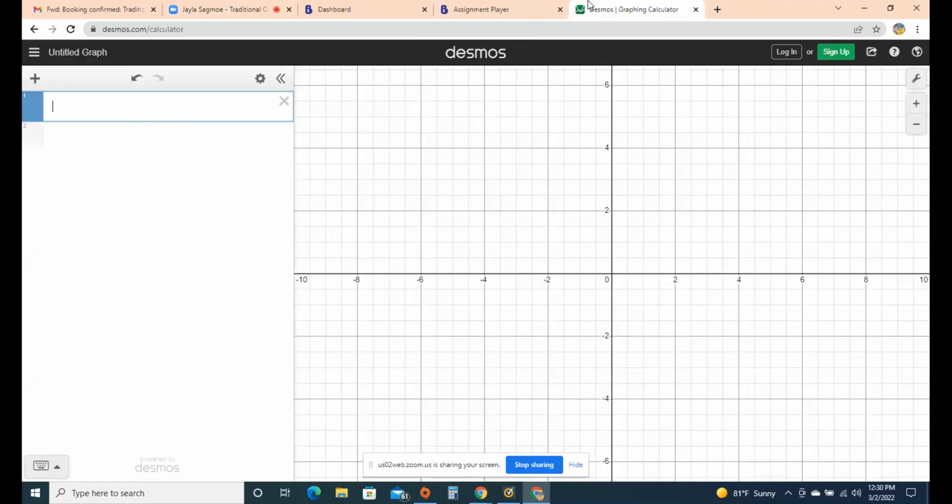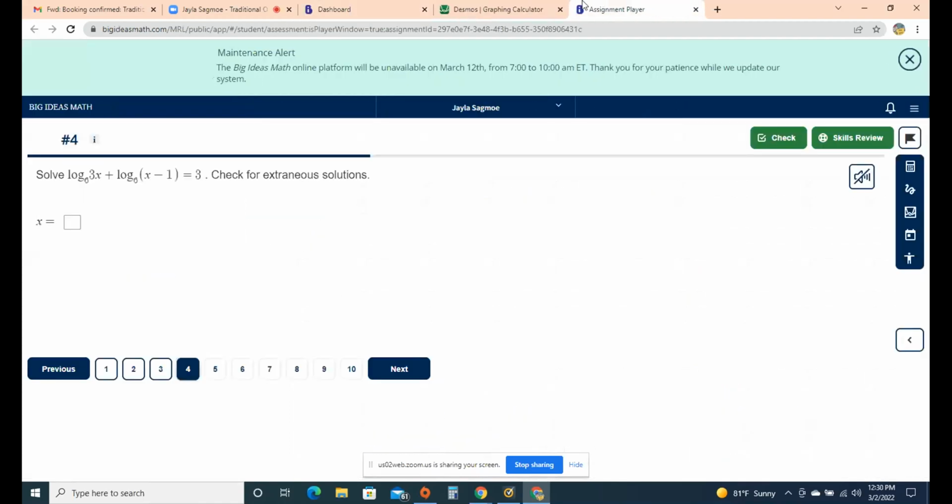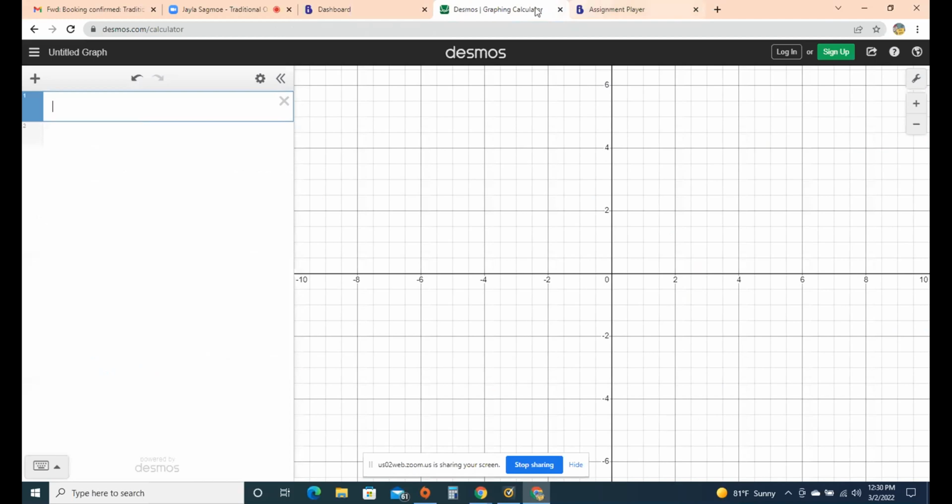Okay. I'm ready. All right, so go to your Desmos and go ahead and enter the left side of the first one. So I see log base 6. And then parentheses 3x. Close parentheses. Plus log base 6.